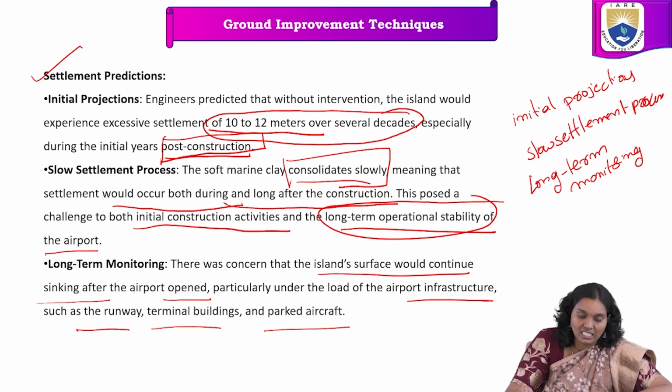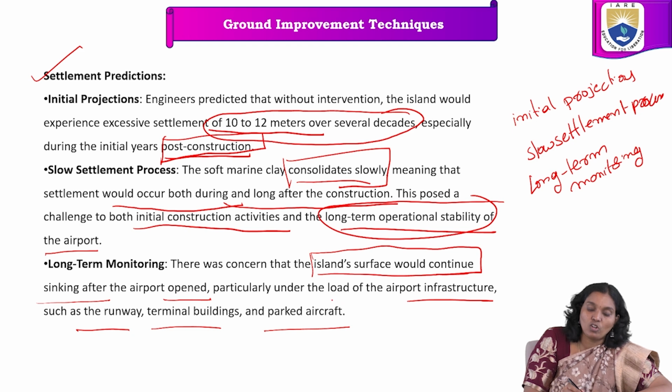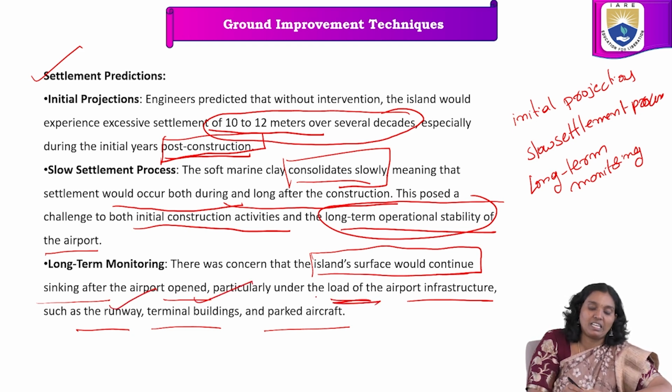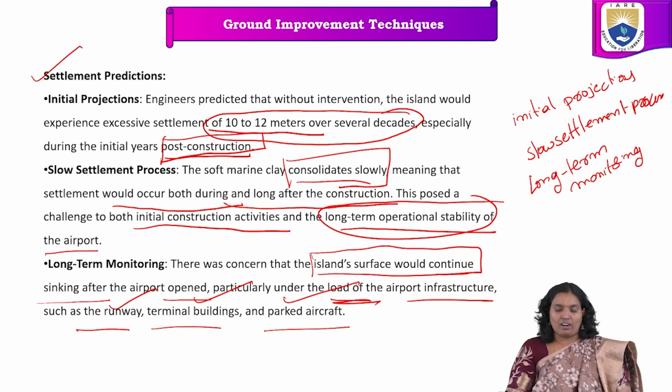So there was a concern that the island's surface would continue sinking after the airport opened, particularly under the load of the airport infrastructure such as the runways, terminal buildings, and parked aircraft.